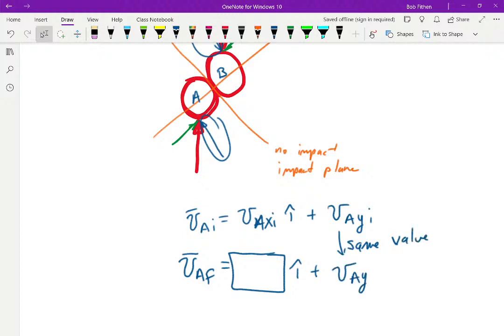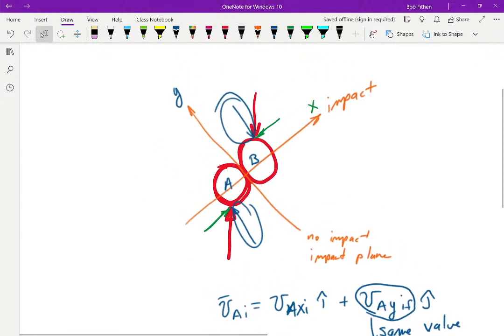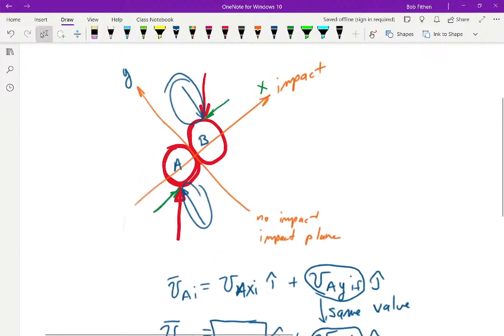VAY, and I will say final, times J. So this value, and now I'm going to put that subscript there, initial and final, those are the same because that is along the plane of impact. So that didn't change.